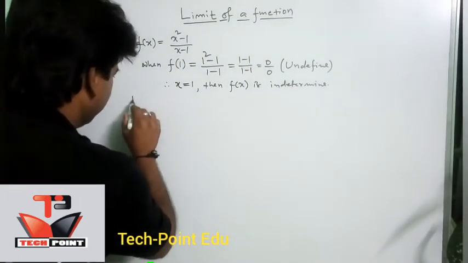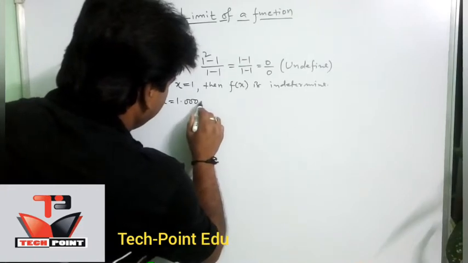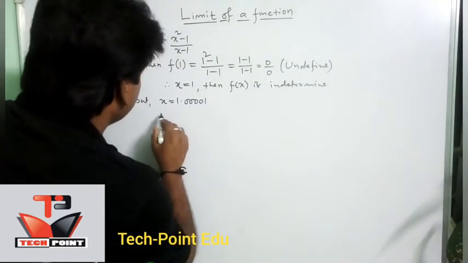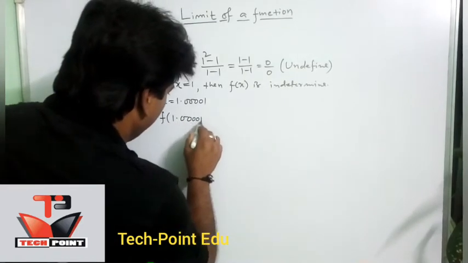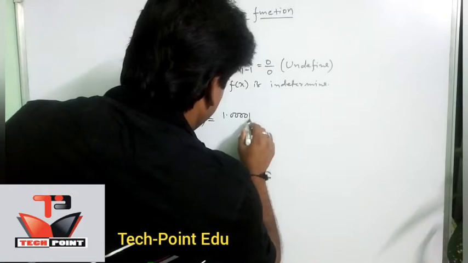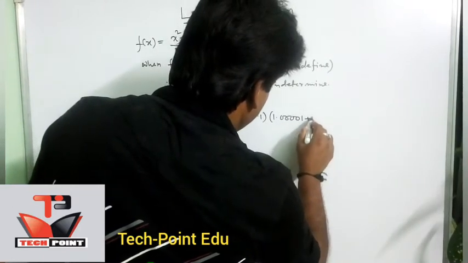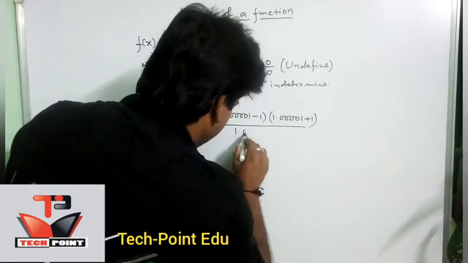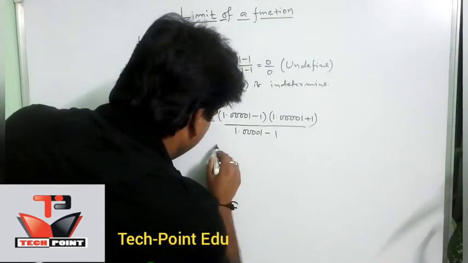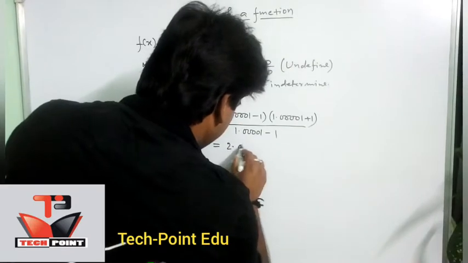But if we consider x is equal to 1.00001, at that time the value will be f of 1.00001 is equal to 1.00001 square minus 1 by 1.00001 minus 1, and that will become 2.00001.